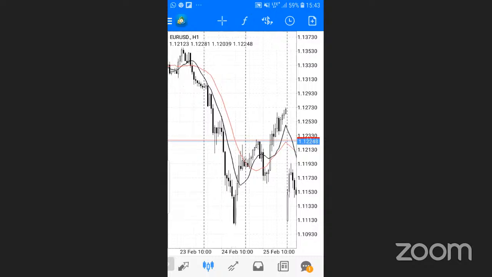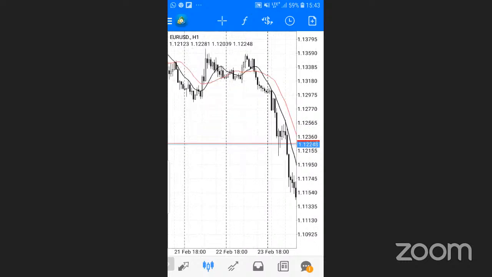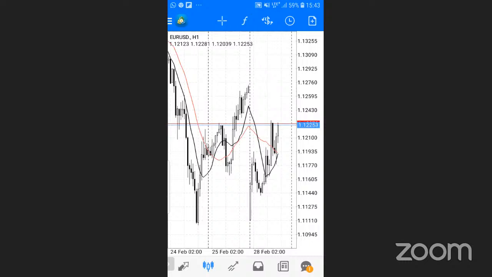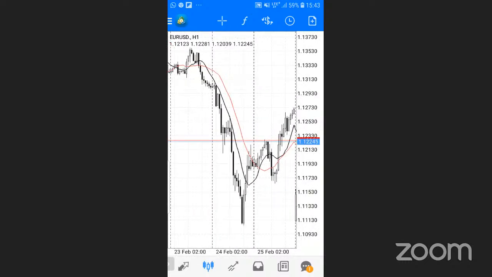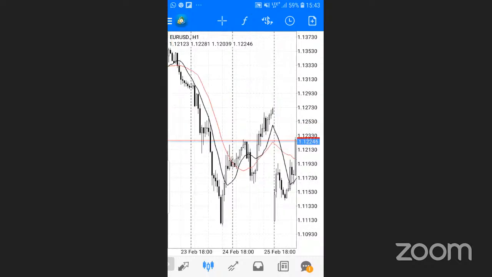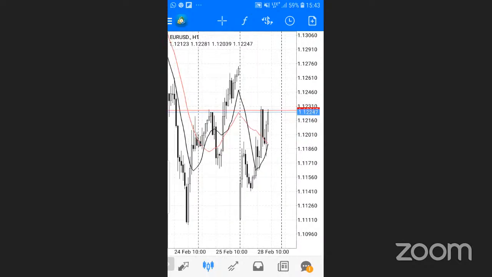So it also works like a trend line. If price is below a moving average, it's a downtrending market. If price is above a moving average, it's an uptrending market. Those moving averages are also used to define your support and resistance.